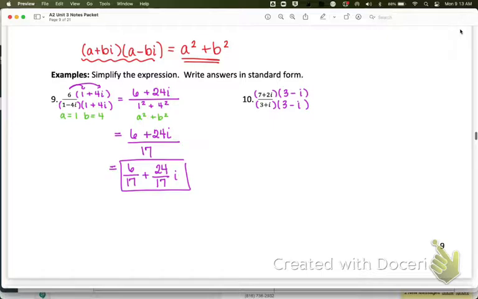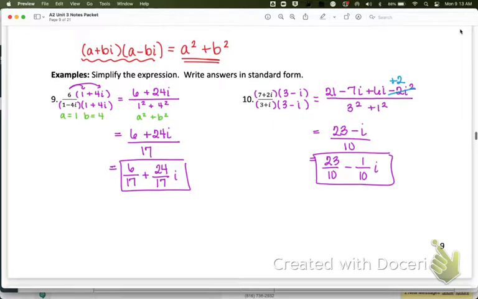All right? Now, on the top, we're going to have to do a lot of distributing here. Okay? We're going to have to FOIL that out. But on the bottom, we're going to get a squared plus b squared. See what you can make of that. Pause your video really quickly, and I'll come back in 2 seconds with the rest of the work here.